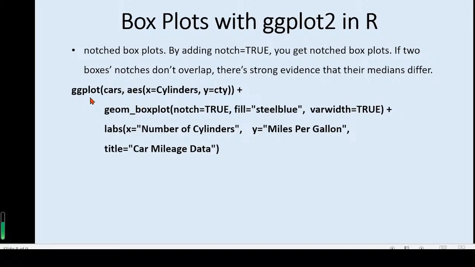For example, here we can use the same dataset cars, the x is cylinder, y is cty, same as before. Then in the geom_boxplot function, we set notch equals true, then fill a color and set varwidth to true. With true, this value will be based on the observations in each group in the factor value.